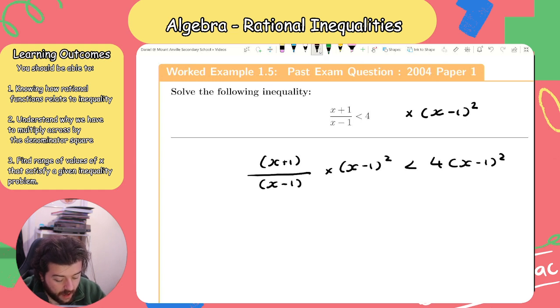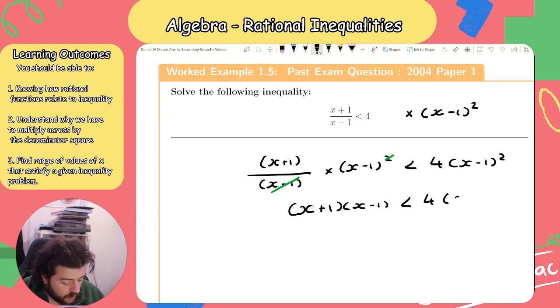One of these x minus 1s divides into the squared, so it cancels. So I have x plus 1 times x minus 1 is less than 4 times x minus 1 all squared, which is x squared minus 2x plus 1.